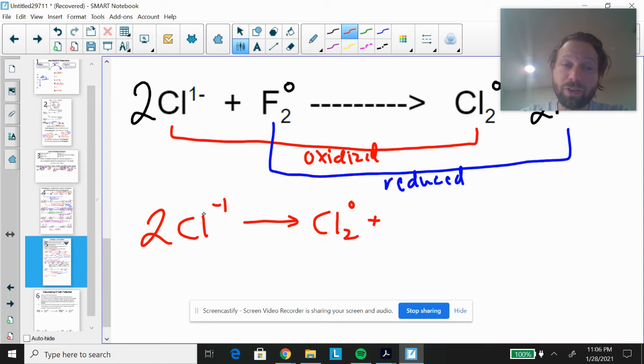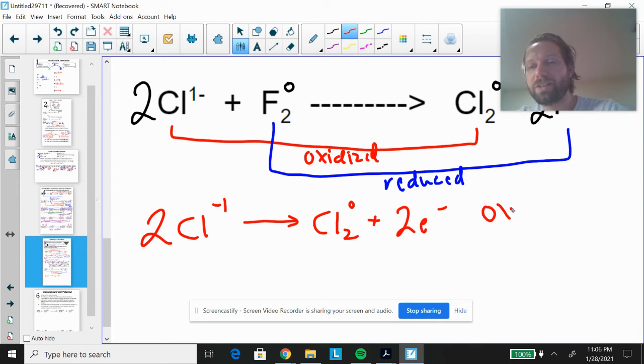So if 1 chlorine was going from -1 to 0, that would be 1 electron, but there are 2 of them. And so we're going to have to do this for 2 electrons here. To think of this, the 2 is impacting the total number of negative charges. This would be 2 negative, so going from -2 to 0, you'd have to have lost 2 electrons. And this is called the oxidation half reaction.